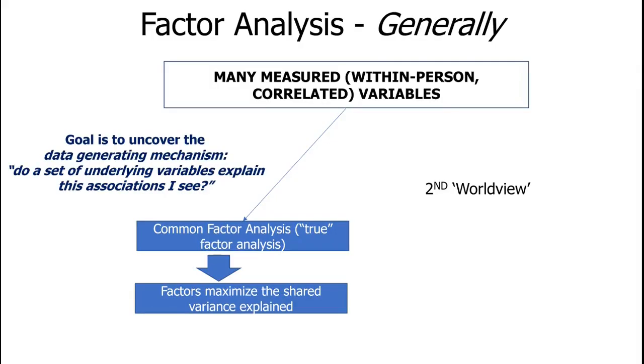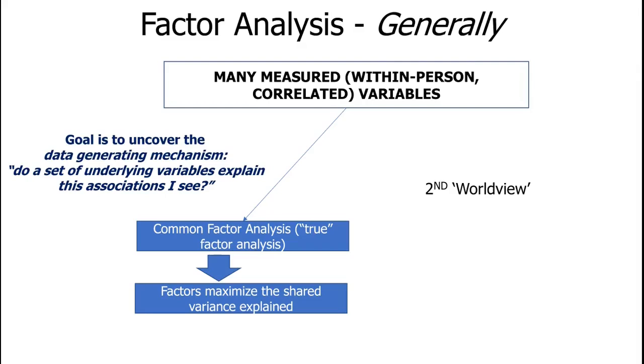So to recap, generally, what you might want to do is uncover some within-person underlying data generating mechanism using what's called a common factor analysis or true factor analysis, rather than strictly doing dimension reduction.